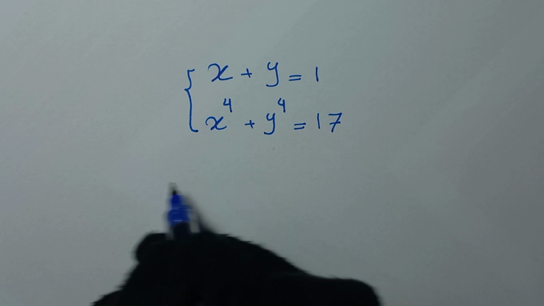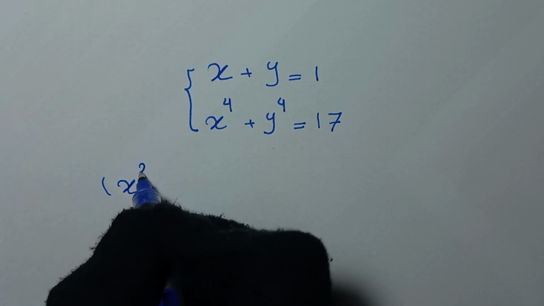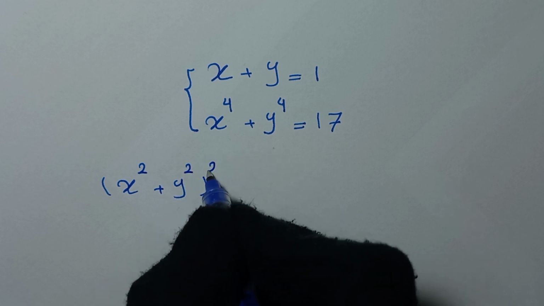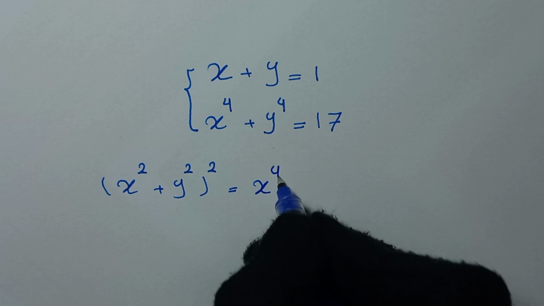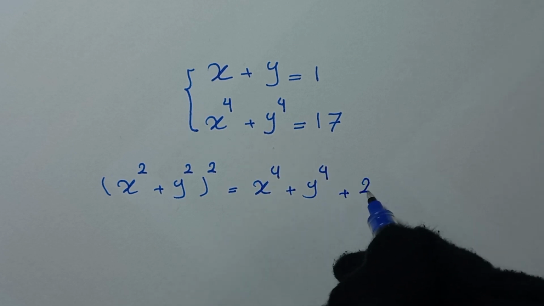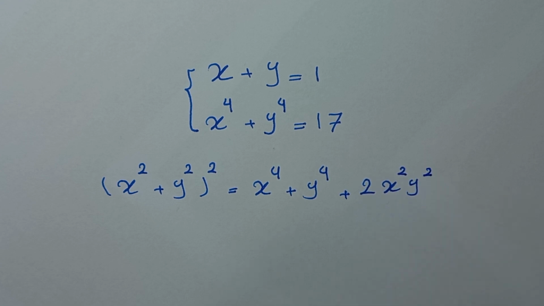So, if we have (x squared plus y squared) to the power of 2, this is equal to x to the power of 4 plus y to the power of 4 plus 2x squared times y squared, right?